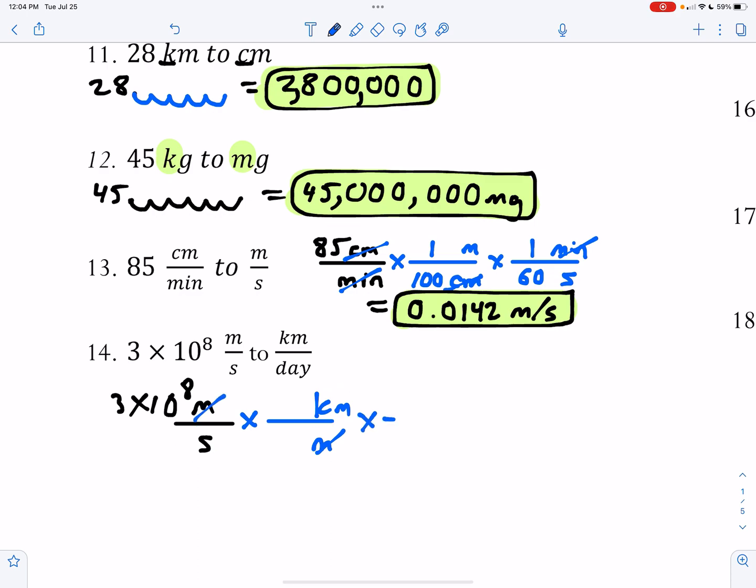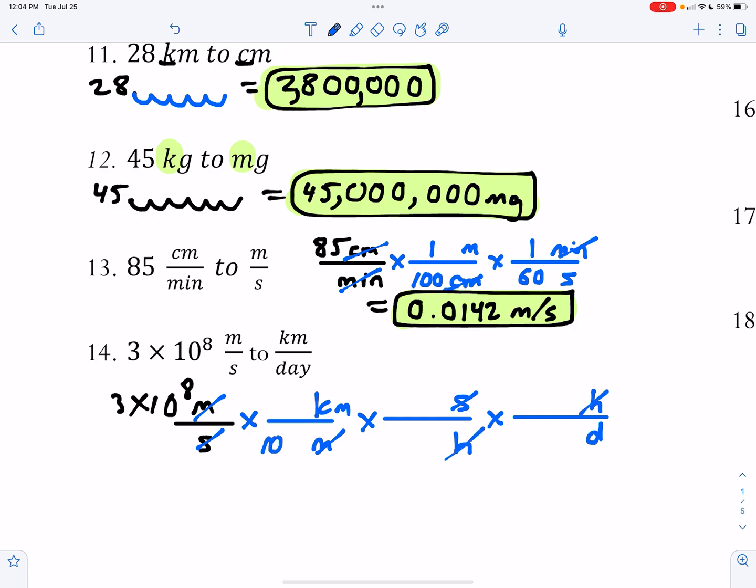So now I'm going to multiply by another conversion factor that puts seconds up here, so it'll cancel with seconds down here. And I have to go from seconds to hours. And then I can have a final conversion factor that would go from hours to days. Fill in your numbers.